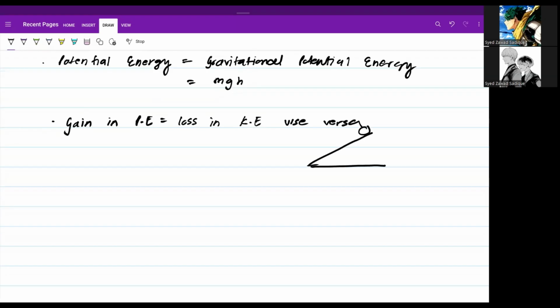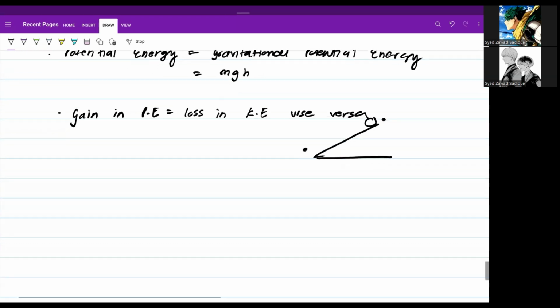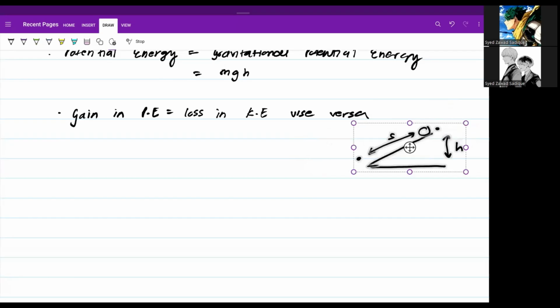So you have to find the energy at this point, the energy at this point, and once you find the energy, you might be asked to find this vertical height or this slanted distance if they give you the frictional force. It generally depends on the question paper. Just put this here.